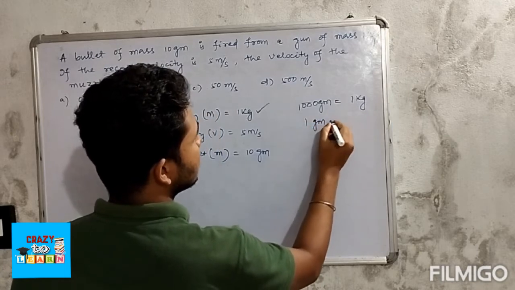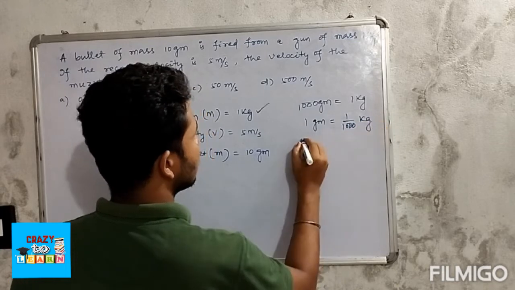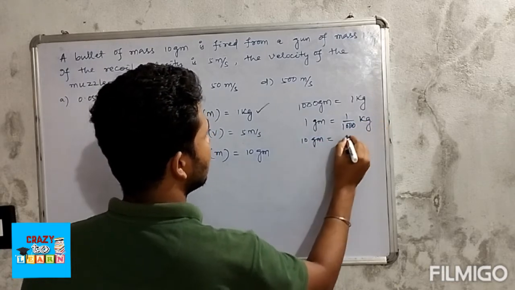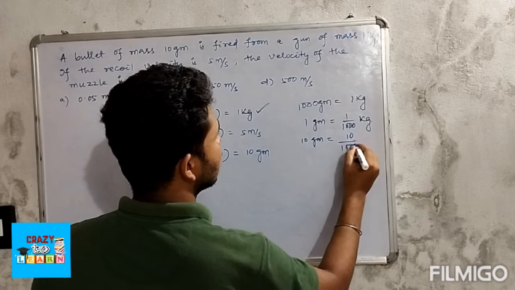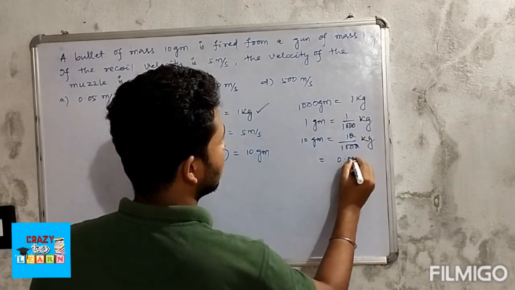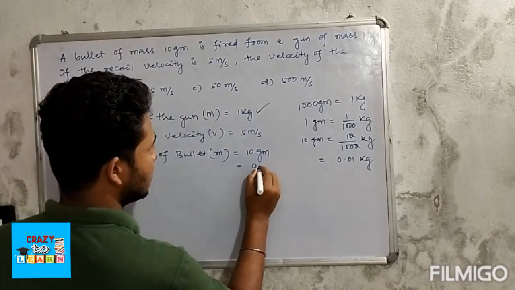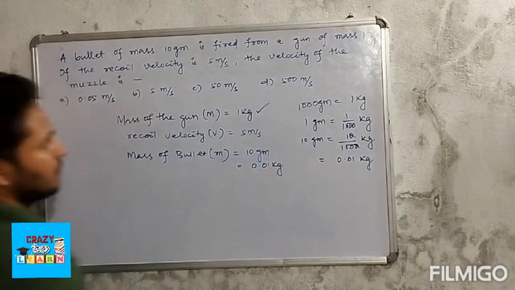So 1 gram is equal to 1 by 1000 kg. So 10 gram is equal to 10 by 1000 kg. We will get 0.01 kg. So 10 gram is equal to 0.01 kg.